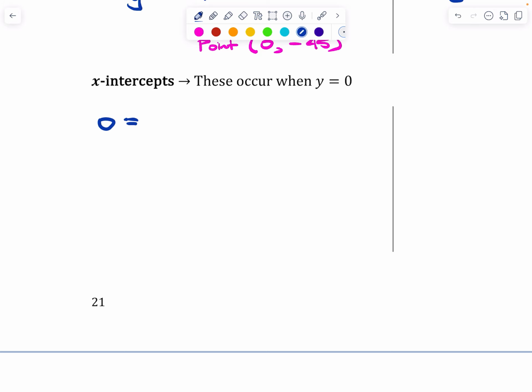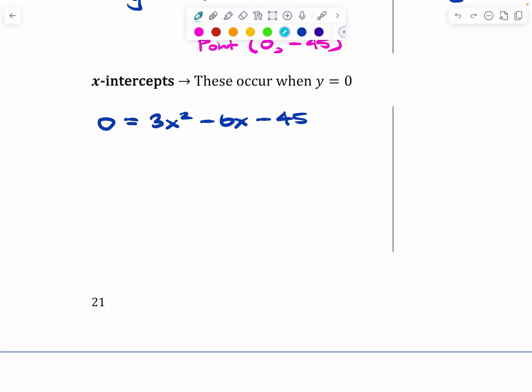So instead of y equals all that stuff, it's 0 equals all that stuff: the 3x squared minus 6x minus 45. Often when you're trying to solve for x, you kind of want to get stuff without x on one side, and I don't know, we can see where that goes.